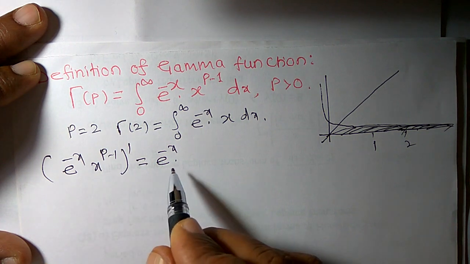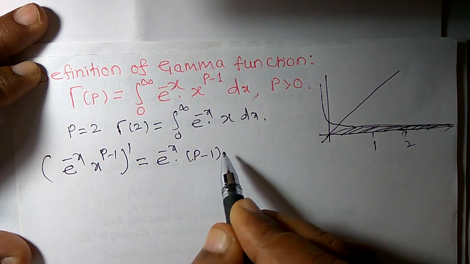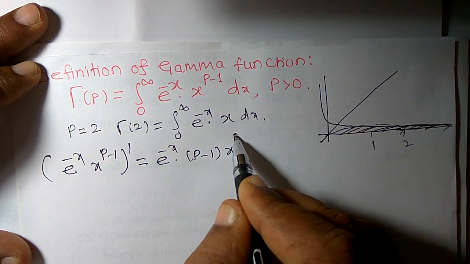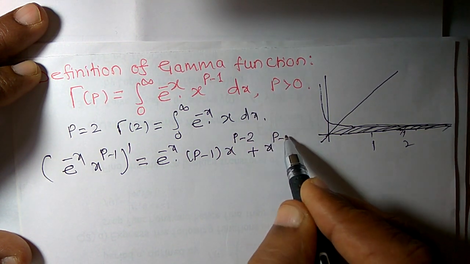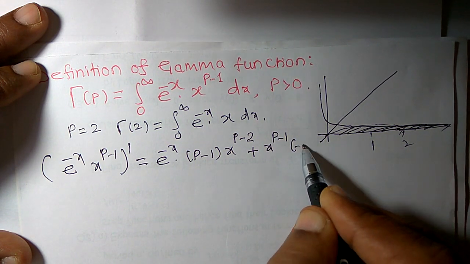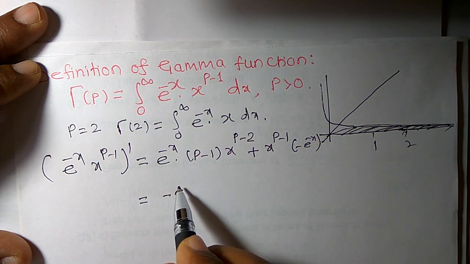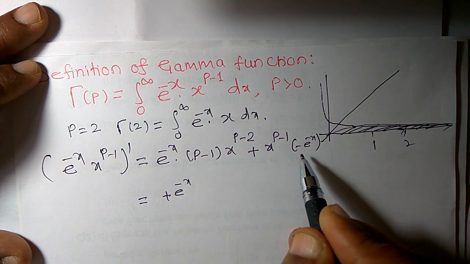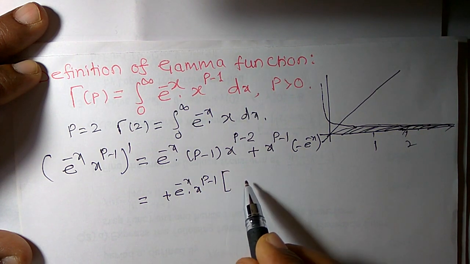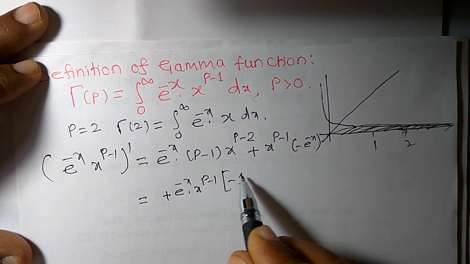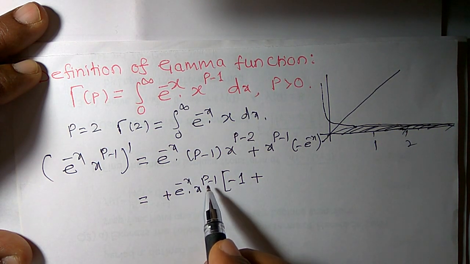E to the power minus x into the derivative of x raised to p minus 1, which is p minus 1 into x raised to p minus 2, plus x raised to p minus 1 into the derivative of e to the power minus x, which is minus e to the power minus x, right? So e to the power minus x into x to the power p minus 1 is common. What is the remaining thing? Minus 1 plus p minus 1 into 1 by x.